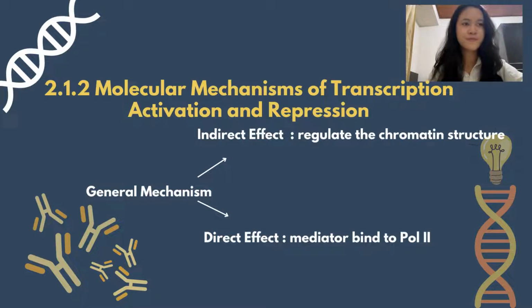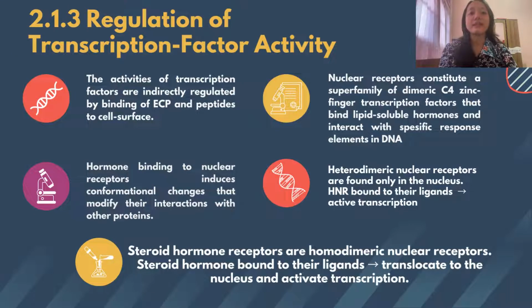That's all. Thank you. My name is Putu Nadia Anandita Prasanthi and my last digits number is 150. Let me explain about the regulation of transcription factor activity. The activities of many transcription factors are indirectly regulated by binding of extracellular proteins and peptides to cell surface receptors.